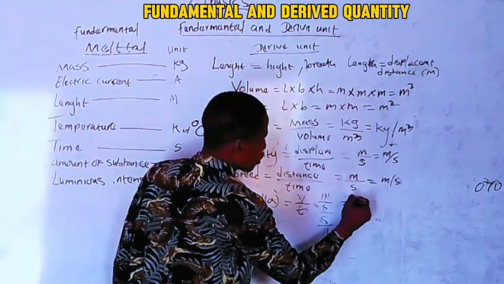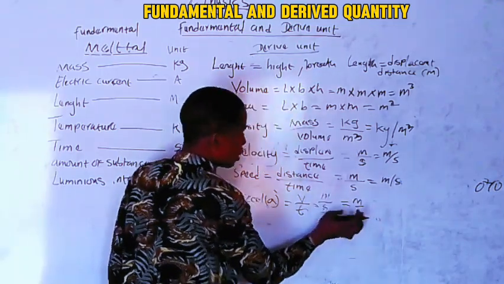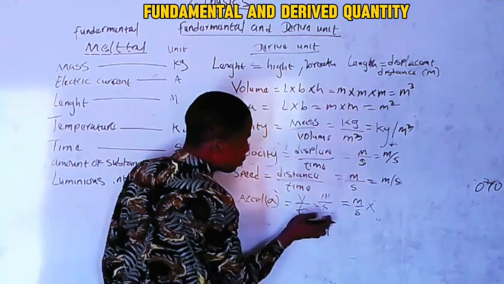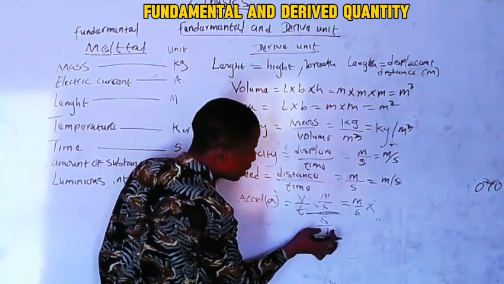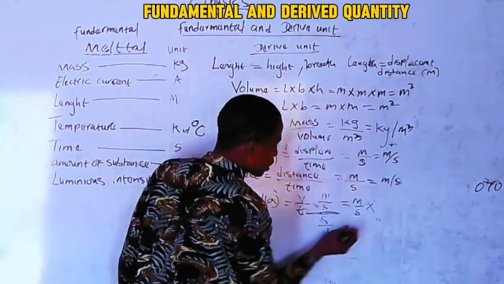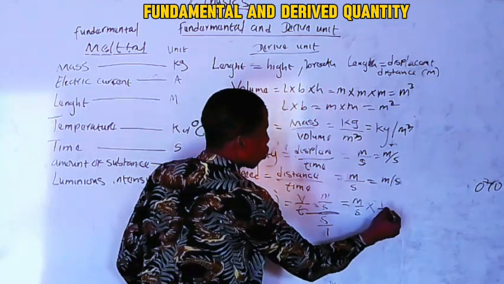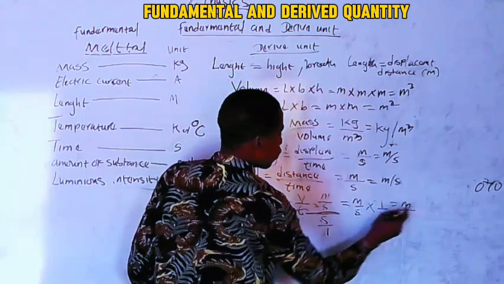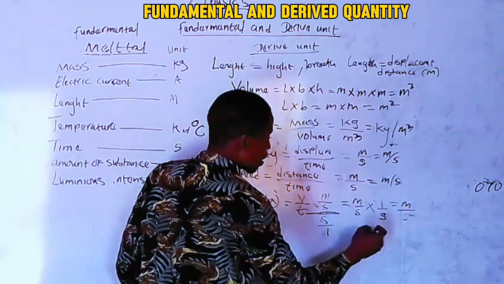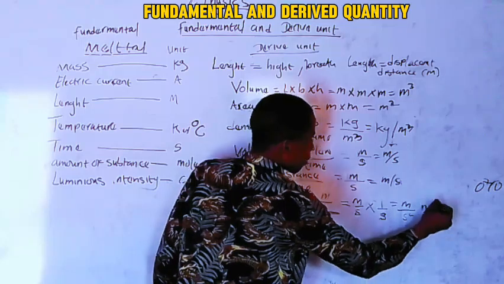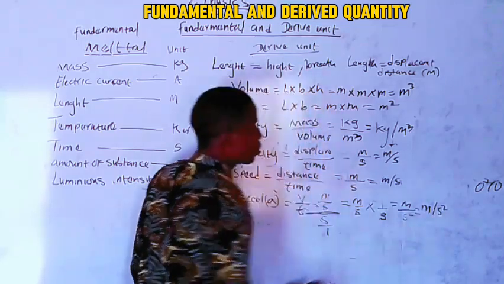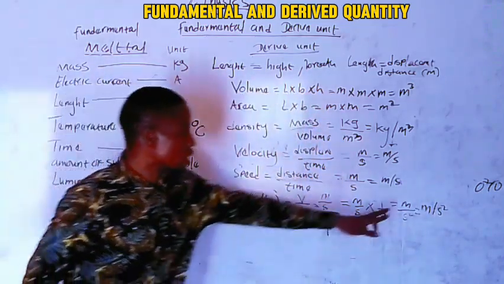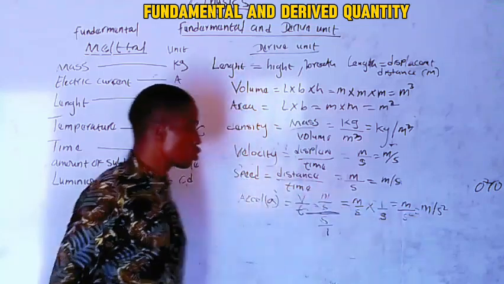It becomes M all over S. Because there is a division between this and this, this one will turn upside down, it becomes 1 all over S. It becomes M all over S times S. You can now write it as meter per second squared. Now, the unit of acceleration is meter per second squared.